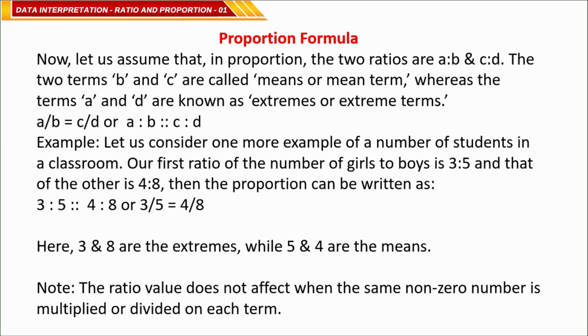So, here A is to B, for example, is one ratio, and C is to D is another ratio. These B and C are called means, and A and D are called extremes.